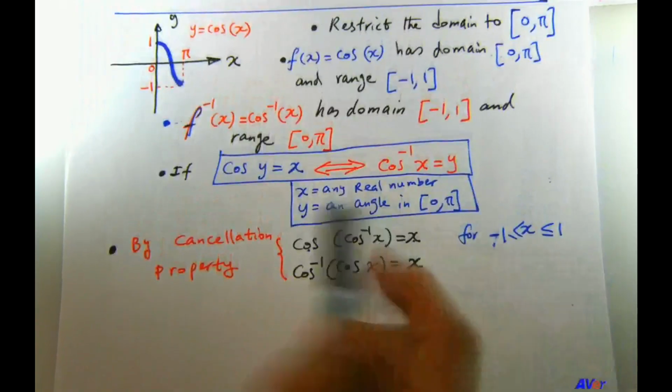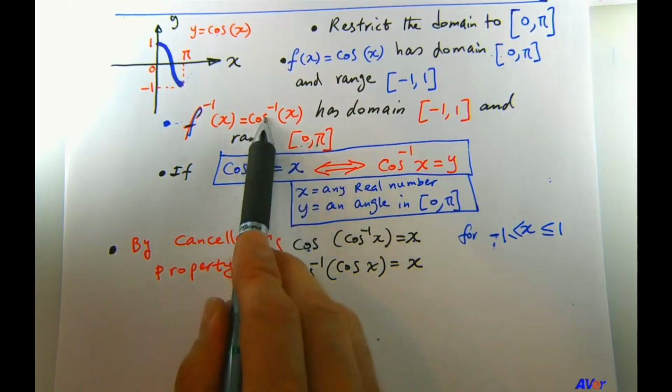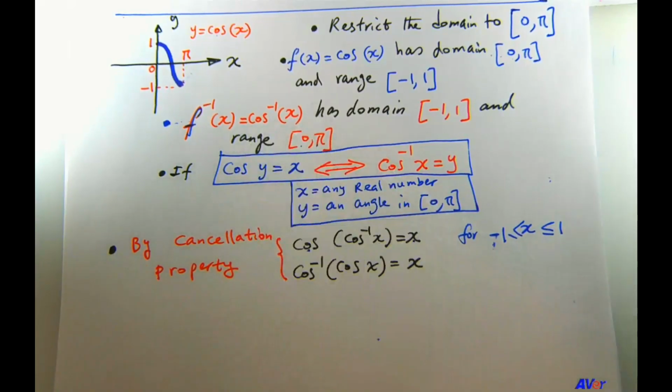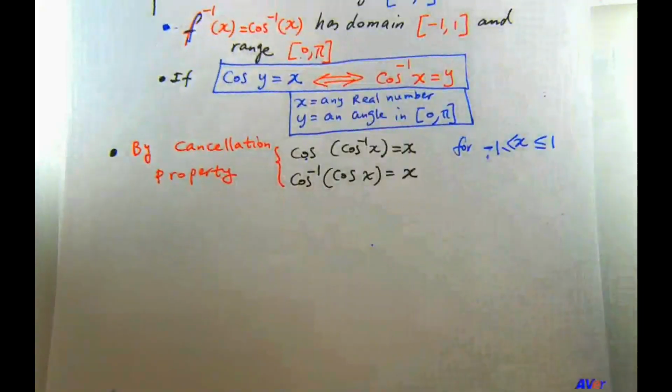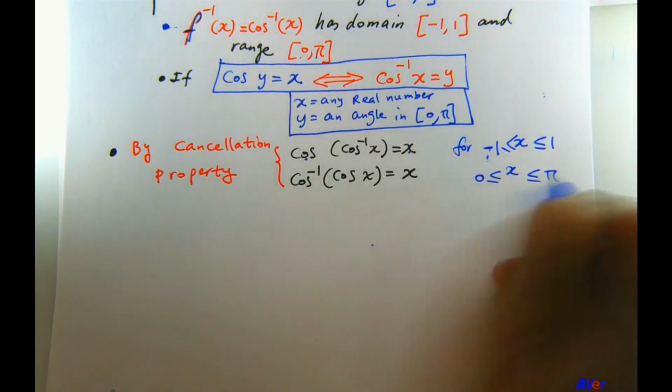And what is that? That's 0 to pi, right? Range of the inverse cosine is 0 to pi. So then x must be between 0 and pi, like that.